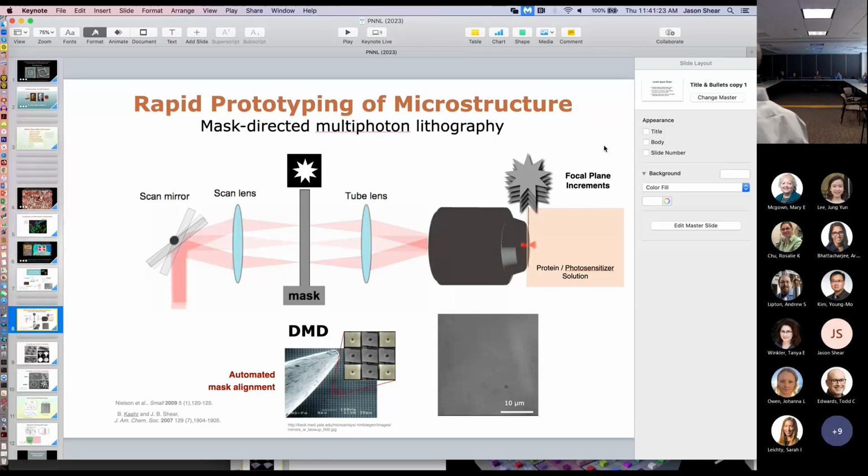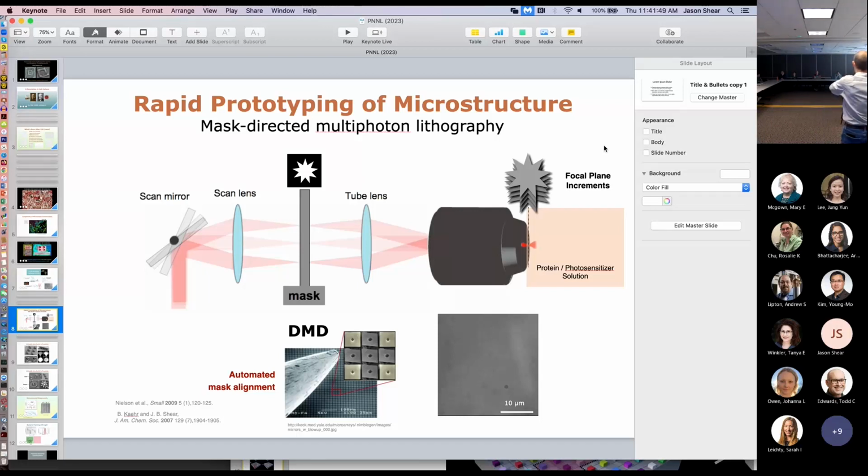I should point out this uses a scanning system. It's going to be a raster scan, so it scans the spot in 2 dimensions. And you can refocus the light and create a shape that maps to your mask shape. And by moving then the focus to deeper and deeper positions in your reagent solution, you can make what you might generously call a 3-dimensional structure.